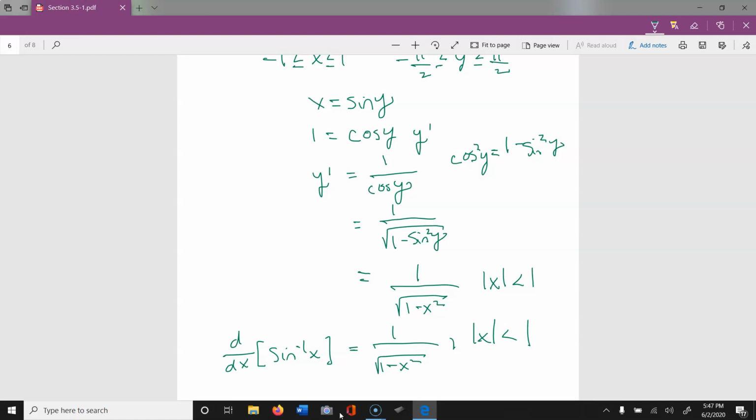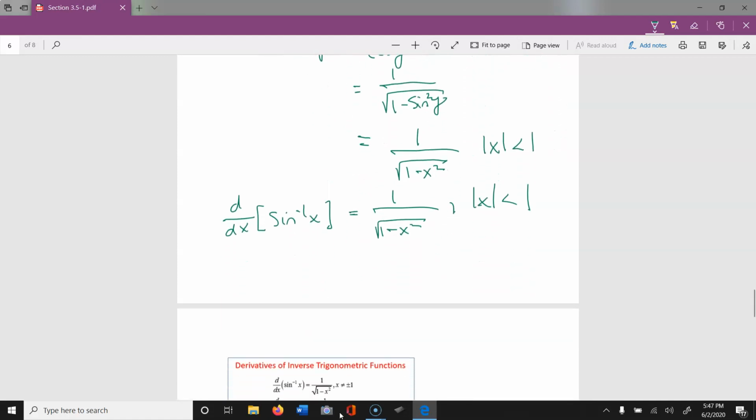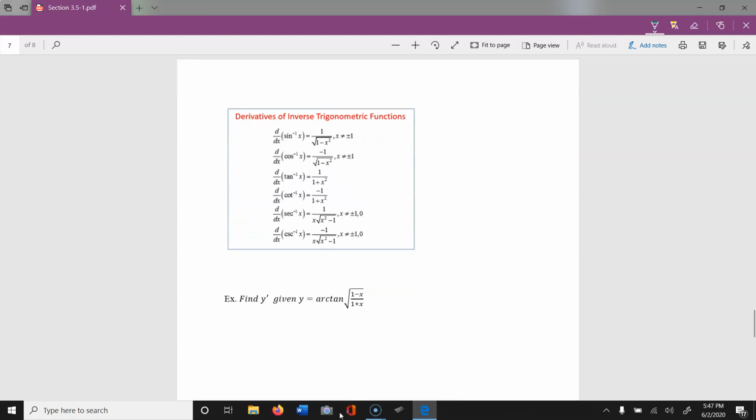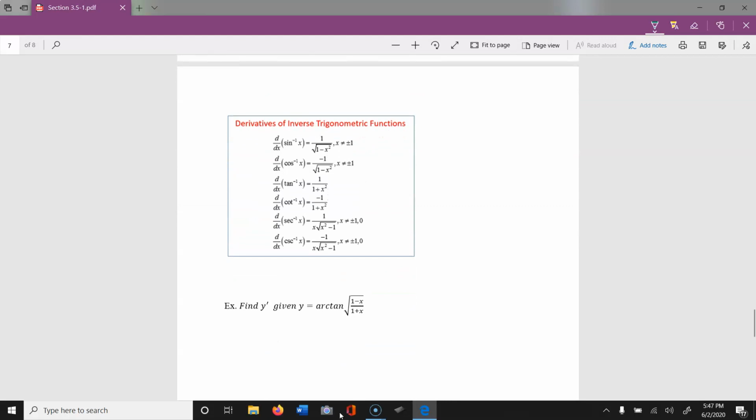So I was able to avoid having to use the definition of the derivative. We just had to rely on some old-fashioned pre-calculus. Now you can generate the rest of the inverse trig functions the same way, and if you do, this is what you'll get. So here's all the derivatives of our familiar inverse trigonometric functions.